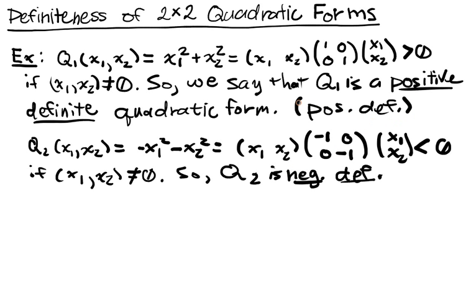Now what does this look like? For the positive definite case, the unique global minimum of this quadratic form is at 0, and it's exactly 0. If we draw this, it looks like a parabolic bowl.